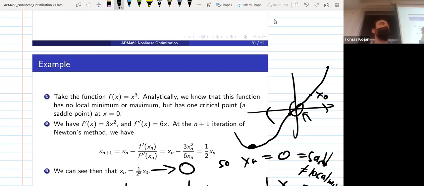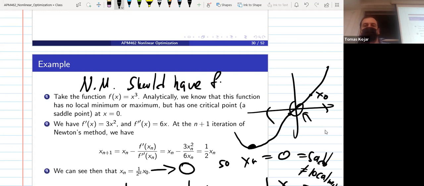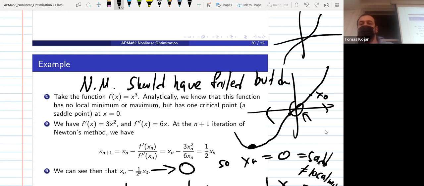So the point is, Newton's method does not give you local minimums. You wanted the Newton method to fail, but it didn't fail. It should have failed, but it didn't, because there is no local min, it goes to minus infinity. Right? Is that okay? Okay, all right.